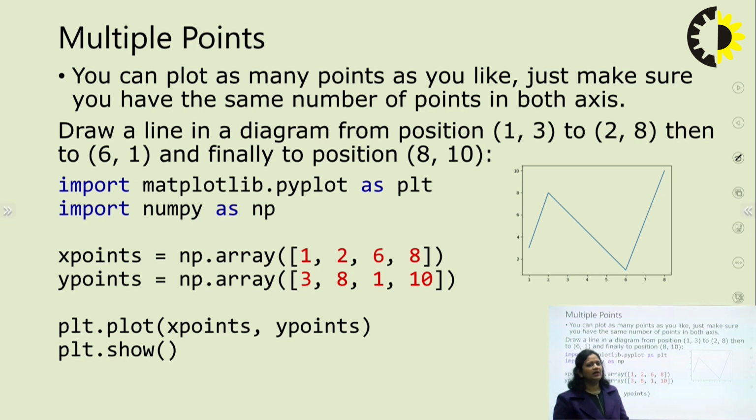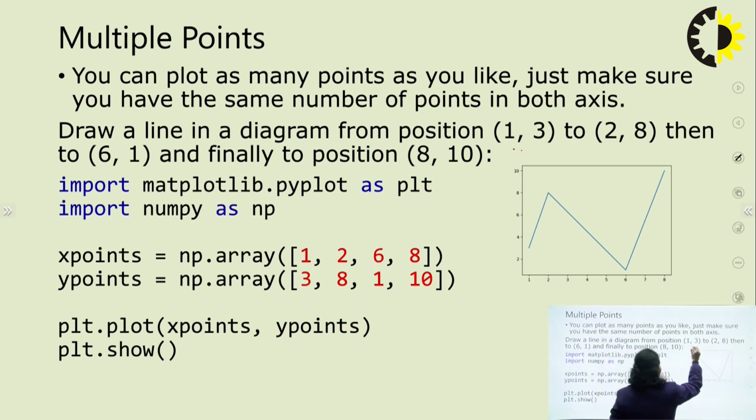Okay, draw a line. So another question is, draw a line in a diagram from position 1, 3 to 2, 8, then to 6, 1, and then finally to the position 8, 10. In this example, we have to draw a line from position 1, 3, to 2, 8, then 6, 1, and after that the final position 8, 10.